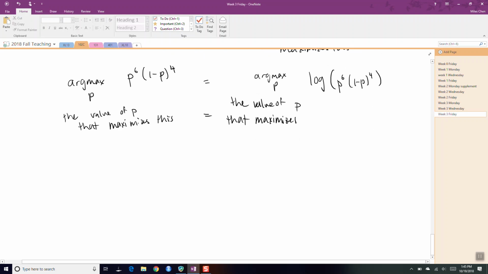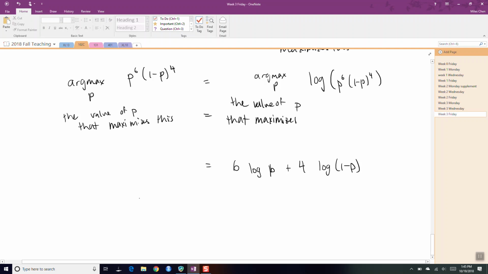The value of p that's going to maximize the thing on the left will be the same value of p that maximizes this. Of course, the things look different, but we're just going for the value that maximizes this, right? So we get 6 log p plus 4 log 1 minus p, okay?